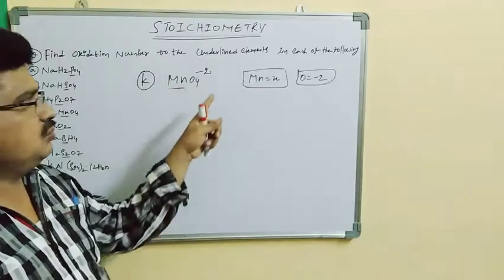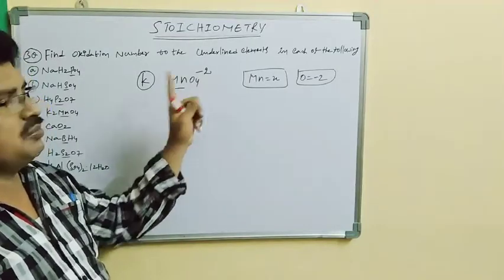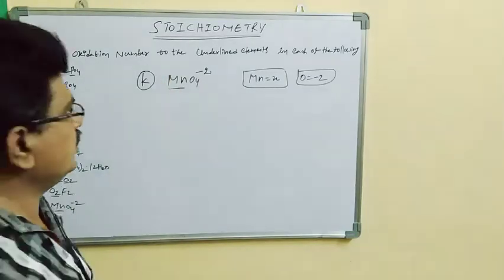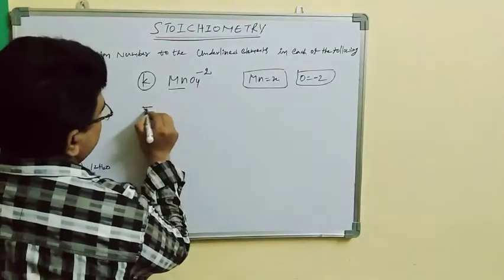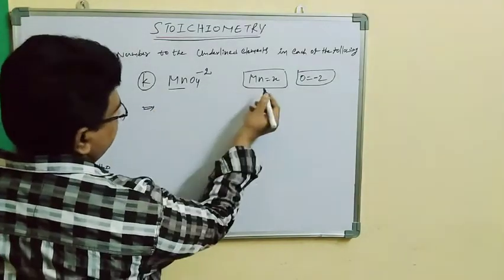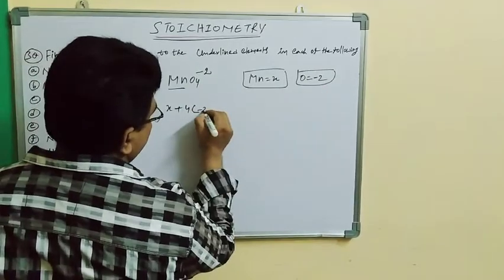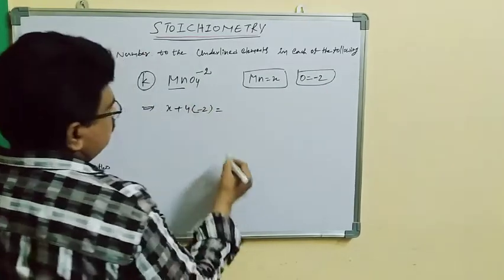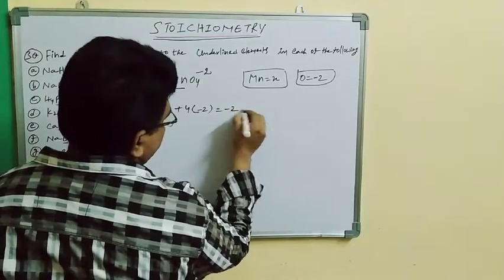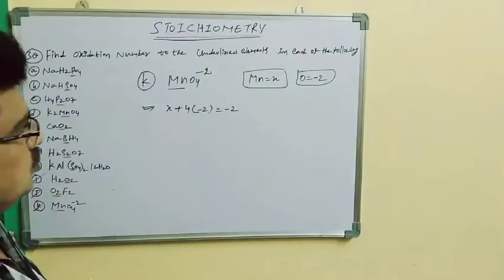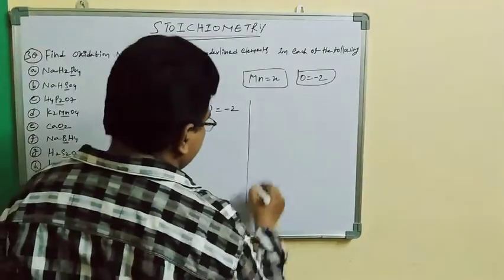Negative radical means the charge is -2. So how many manganese are there? 1. 1 into manganese x, plus 4 into normal charge -2. So what is the charge? -2. See here I am writing a note.